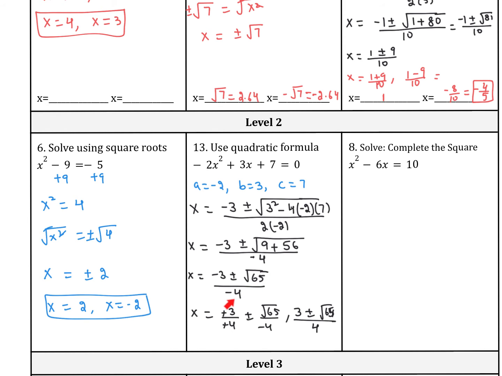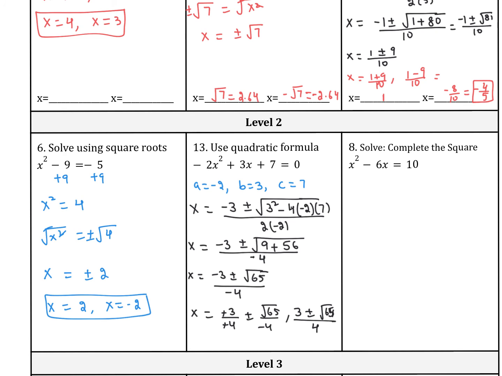If you want to remove the negative from the bottom, you separate them. The negative cancels; if you multiply it with plus or minus, it's still plus or minus. So you have 3 plus or minus square root 65 divided by 4.